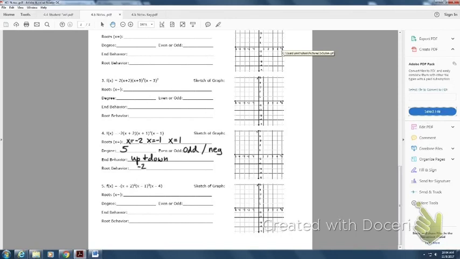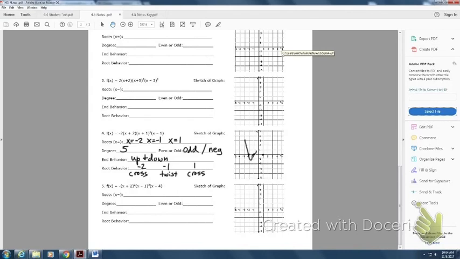Let's talk about the root behaviors on them. Jeremy, what's it going to do at -2? At -1? Twist. And at +1? Cross. So it's going to cross.